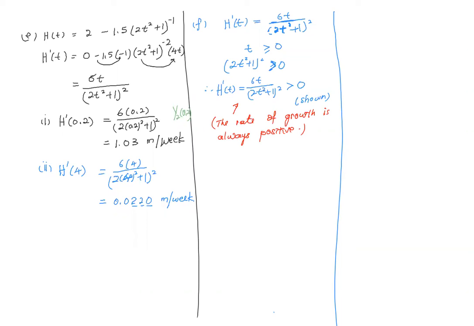The height of the plant is always increasing. Okay, just put it in another way. The gradient. Because we are talking about the growth.